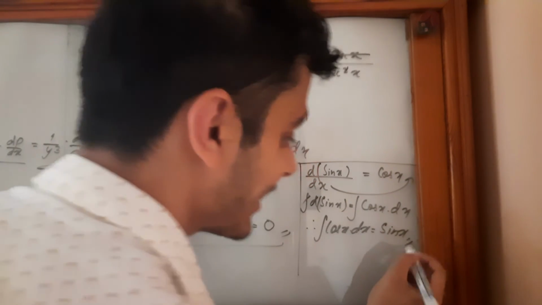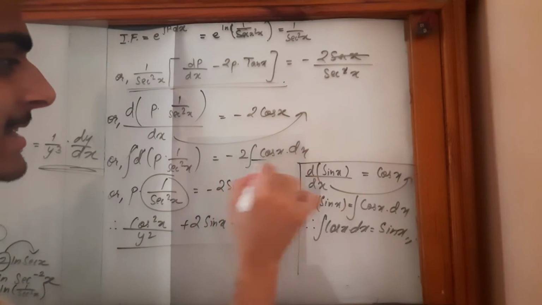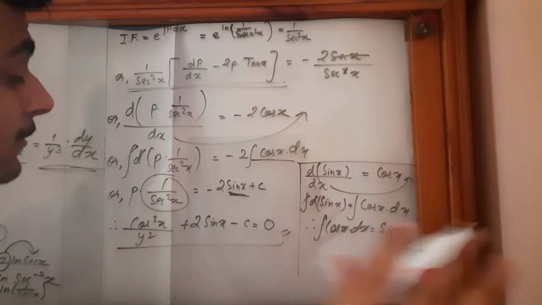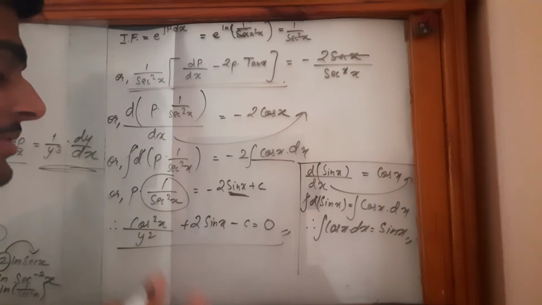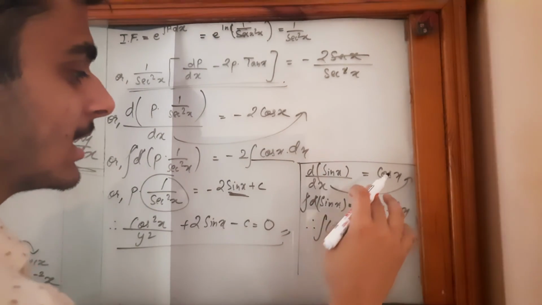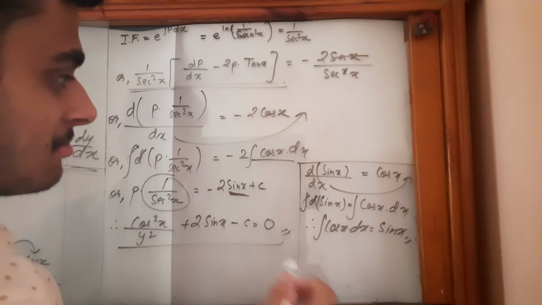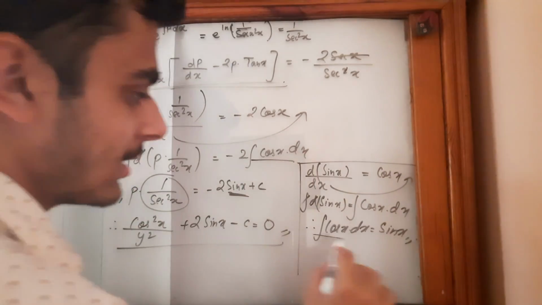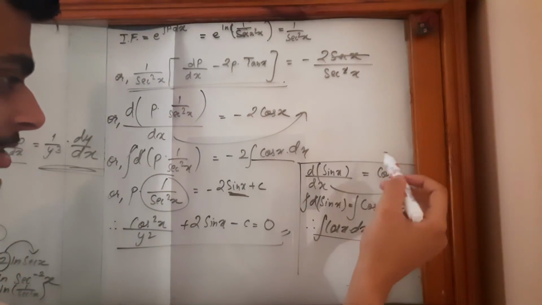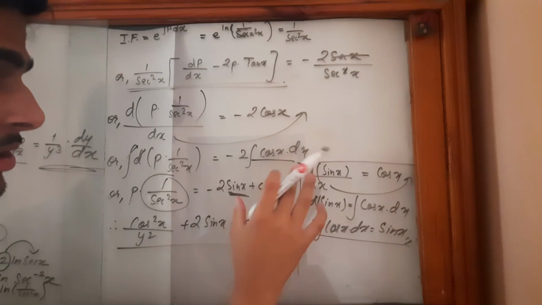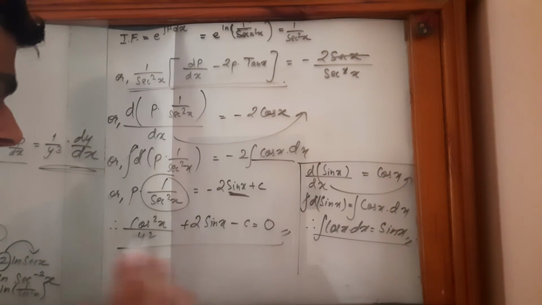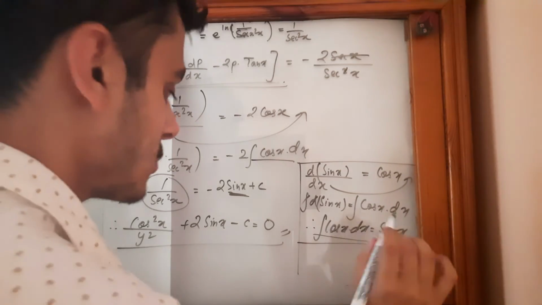So there you go, you can clearly see that this is this. If you just know that the derivative of sine x is cos x, then you can use this knowledge to find the value of integration of cos x or anything else if you just know the differentiation. So this is just a fun fact.